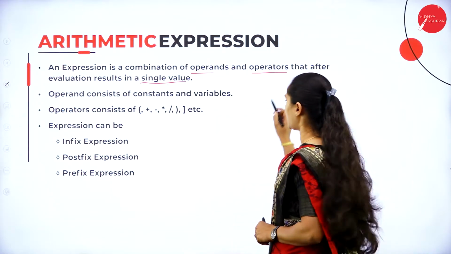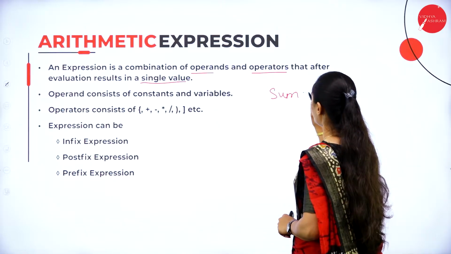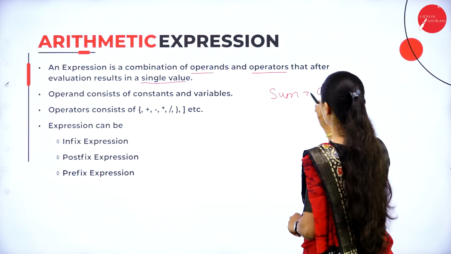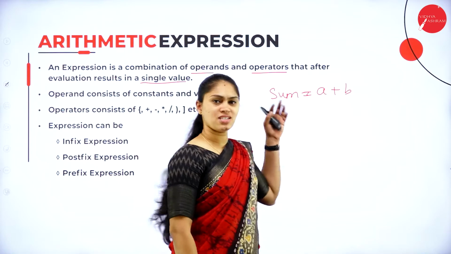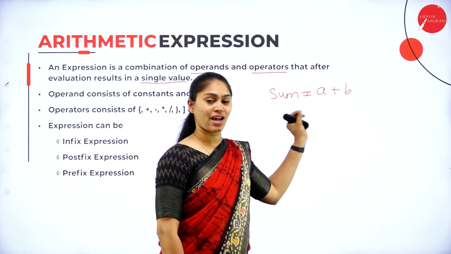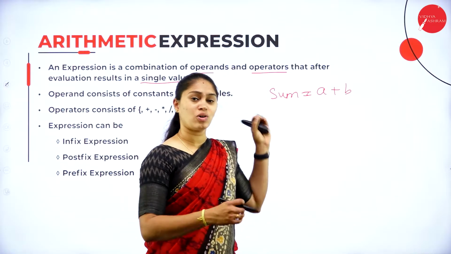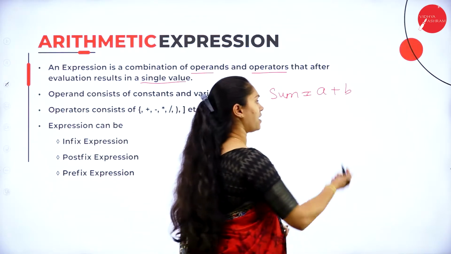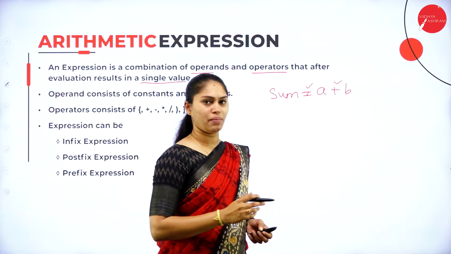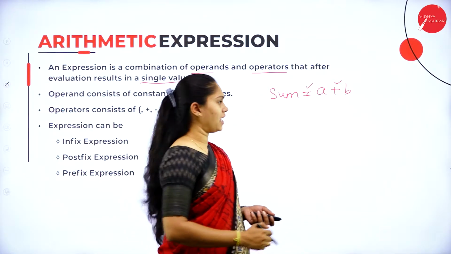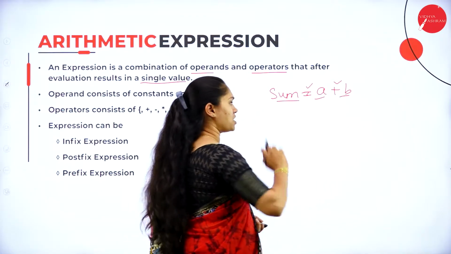For example, let me consider sum is equal to a plus b. Can you specify what operators we have and what operands we have? The symbols that are considered operators: here I have the equal operator and the plus operator. And the operands we have are a, b as well as sum.